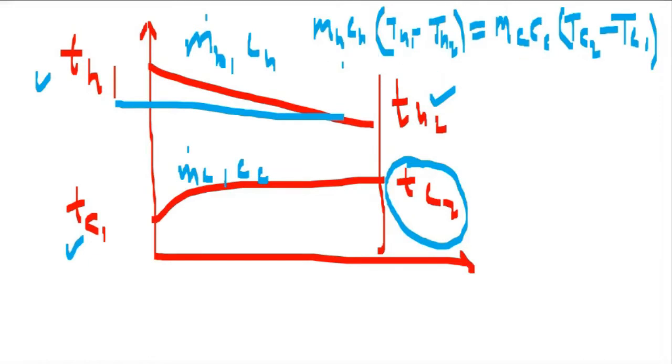So here MH value is given, CH is given, TH1 is given, TH2 is given, MC is given, CC is given, TC2 is not given, and TC1 is given. So in this equation, TC2 is the only unknown. So equating like this, we can find the value of TC2, that is, the outlet temperature of this cold fluid.